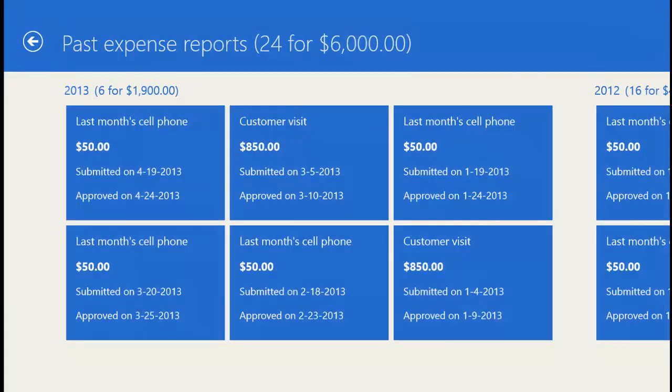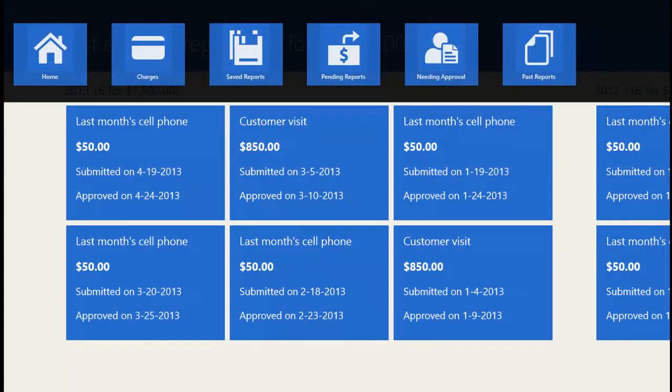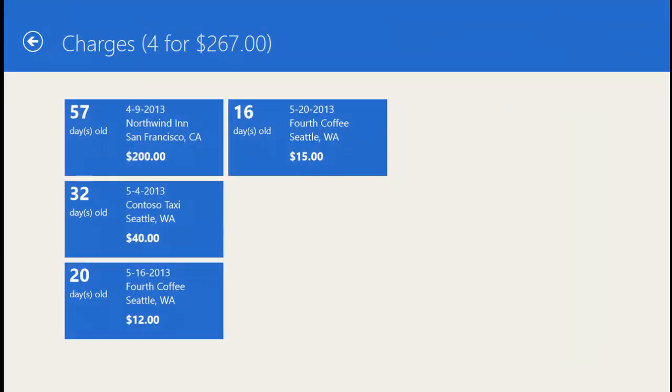But from here, if I swipe up, now I've got in the nav bar each of the different categories. Home, charges, saved reports, pending reports, needing approval, which if I'm a manager is the expense reports that I haven't approved yet, or past reports. So now to go to saved reports or charges, I just swipe up, tap there, and go.